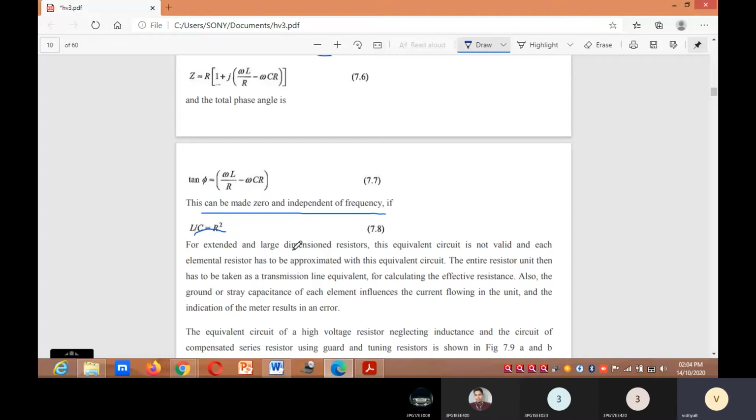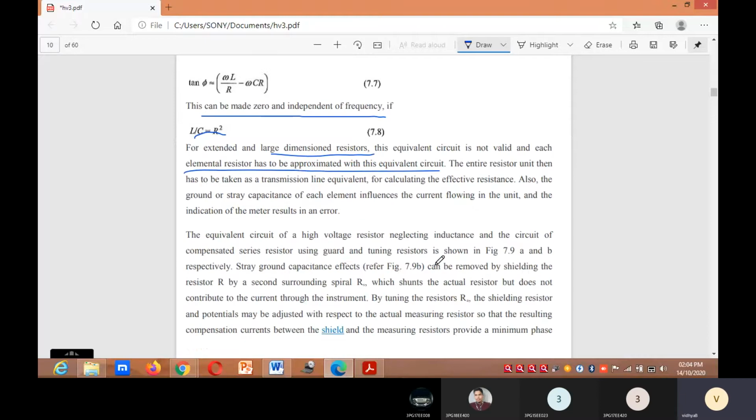For extended, large dimensional resistors, this equivalent circuit is not valid, and each elemental resistor has to be approximated with this equivalent circuit. The entire resistor unit then has to be taken as the transmission line equivalent, also for calculating the effective resistance.